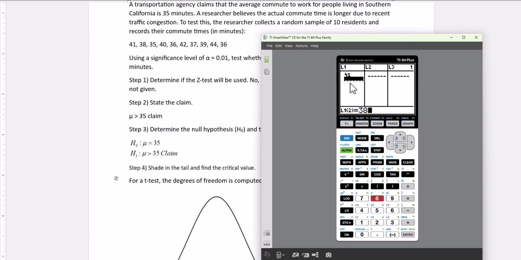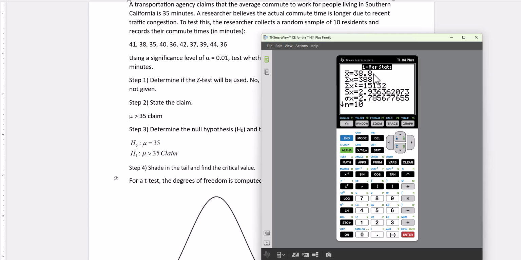That stands for List 1. Once it's entered, we press Stat and we go to Calculate. Select option 1, hit Enter. Make sure L1 is in the list row, and then just press Calculate.